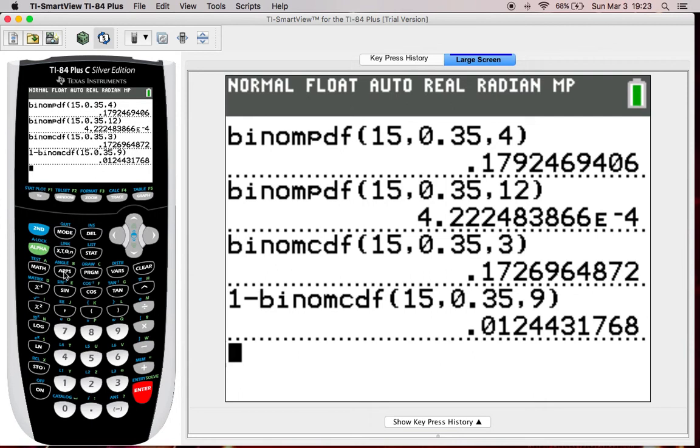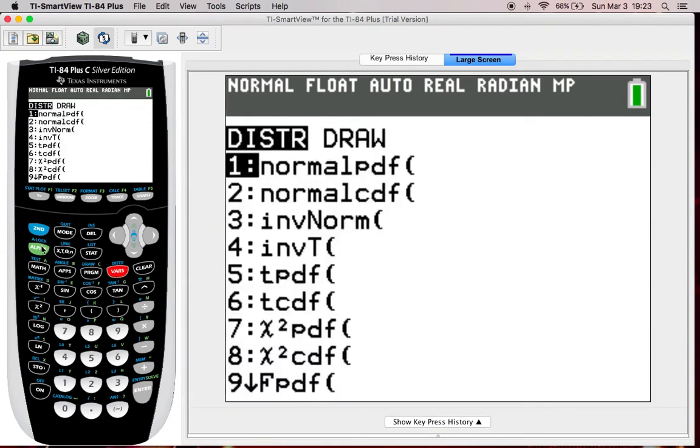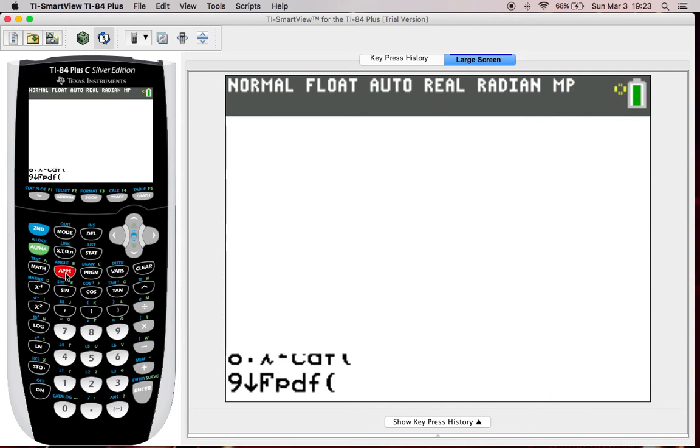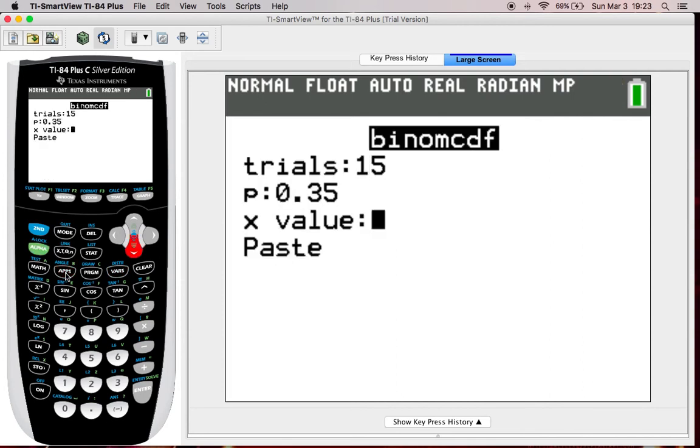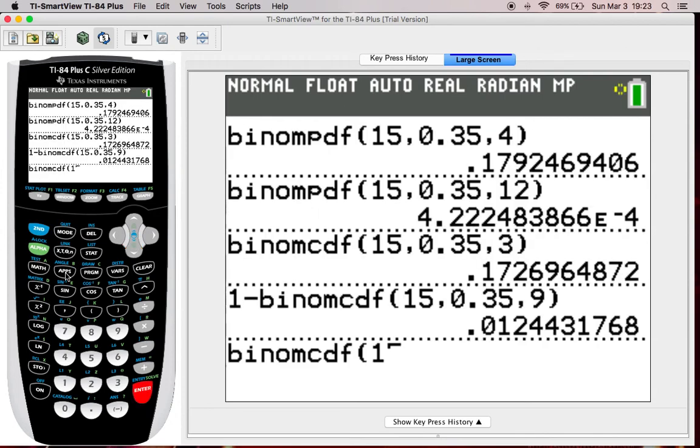So to do this, I can do this all in one step. I'm going to go to my distribution, go to my Binomcdf, come down here and put in 4 to start. So I want everything less than or equal to 4 first. But now that's too much information because I only want between 2 and 4.